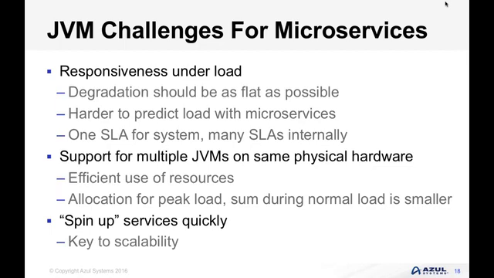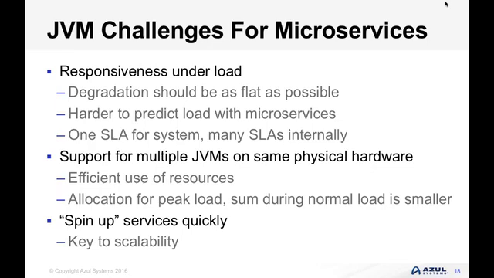Also, how do we support multiple JVMs on the same physical hardware? How do we make efficient use of resources? Do we have a number of services running and tune those for the peak load, or do we look at the normal load? Because if we tune everything to peak load, all these services have to be tuned for a peak load, whereas normal load is probably going to be quite a lot smaller.